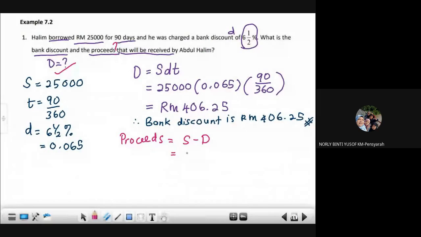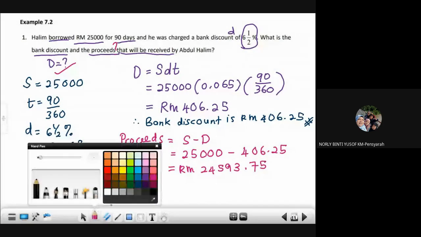So madam terus tolak loan iaitu S 25,000 yang Halim pinjam. Tolak dengan D yang you dah kira lah. Iaitu you punya bank discount. So RM406.25. So you tolak you dapat 24593.75 sen.